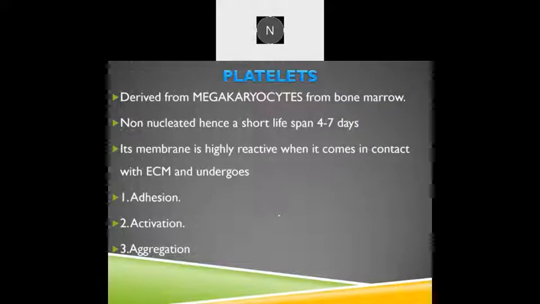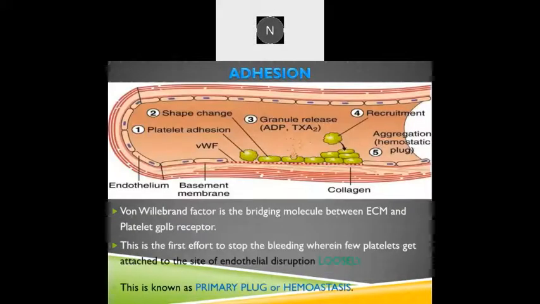These are the three processes that occur. So adhesion is the sticking of platelet to the subendothelial matrix. And this is the primary plug, but they are loosely attached. They cannot stay there effectively if they are left like that. So this is called the primary plug or primary hemostasis.